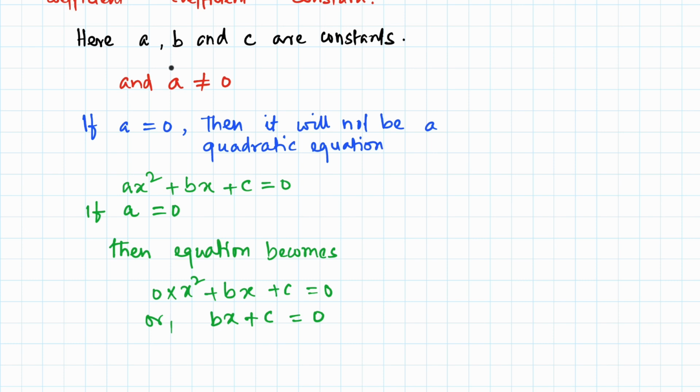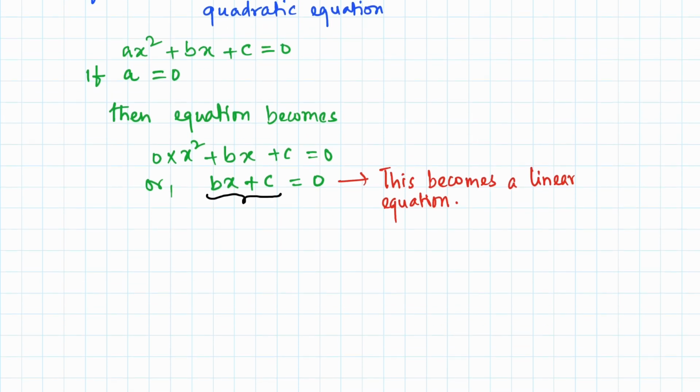The term x square will vanish because anything times 0 becomes 0. So we have only bx plus c equal to 0. Here the highest power is 1 and not 2. So this becomes a linear equation and not a quadratic equation. From here it is clear that a should not be equal to 0.